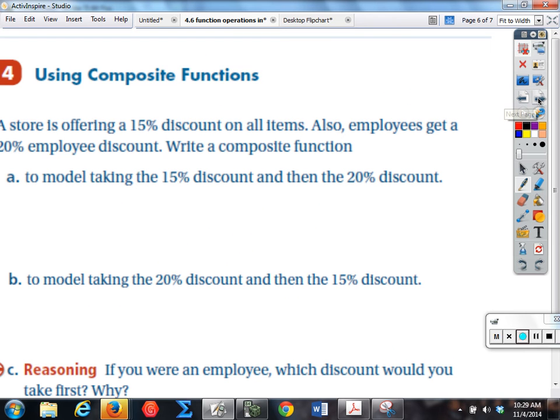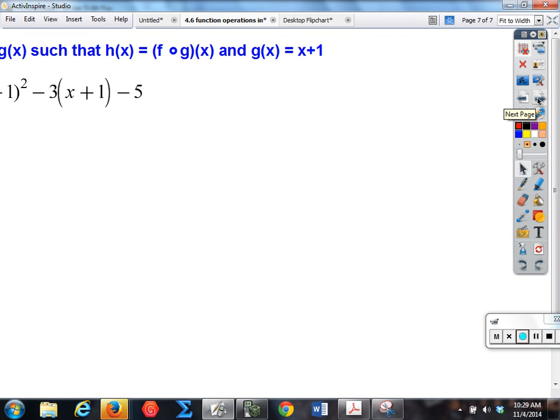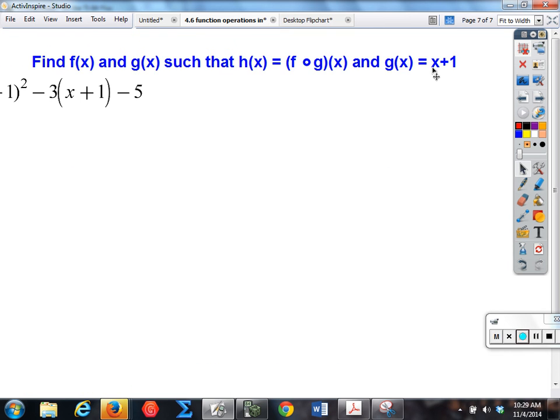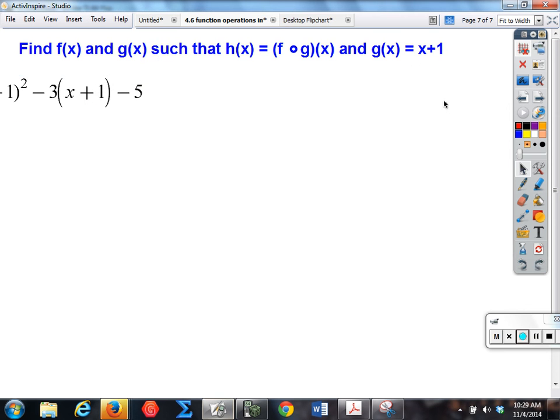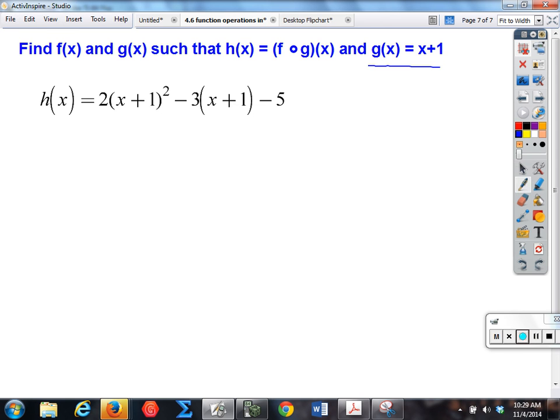Okay, here's one. Read this one. Find f of x and g of x such that h of x equals the composition of the two. And it actually gives you g of x. So really, the question is, what is f of x? So look at this for a minute. If you know g of x is x plus 1, try to find f of x so that that is true.